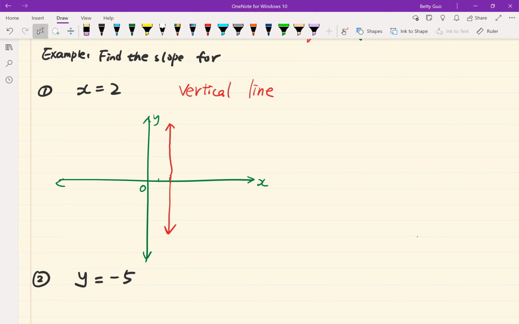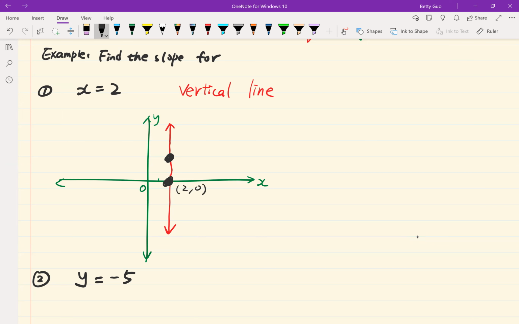In order to do that, we want to find 2 points. We have the formula for finding the slope of a line if we know 2 different points on the line, right? Let's find 2 points on the vertical line. The black point on the x-axis is (2, 0).